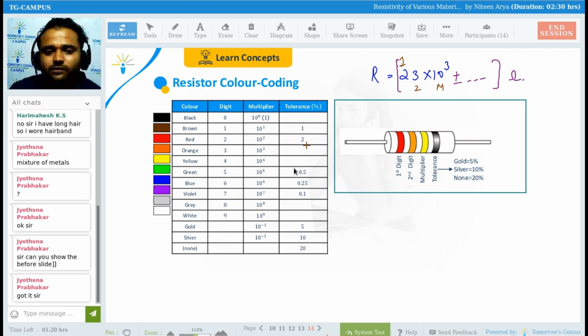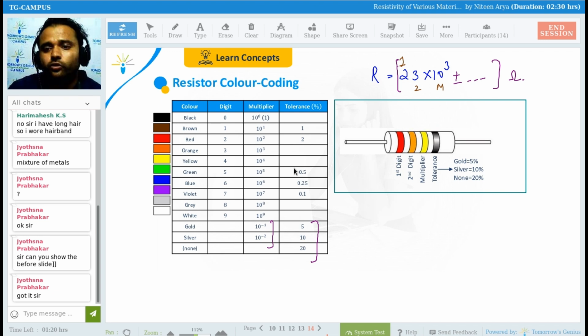Tolerance for brown is 1, red is 2, and so on, but in general you just need to write these down, and you don't need to worry about them much. You are going to face this kind of question in JEE Mains, if you are lucky enough. So again, BB Roy has a Great Britain wife wearing a gold silver necklace will help you out.